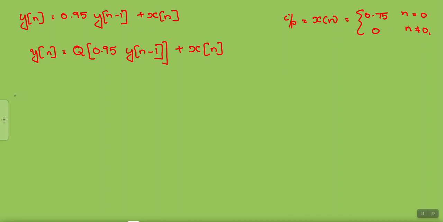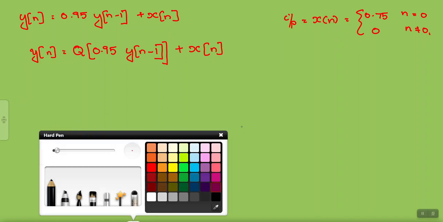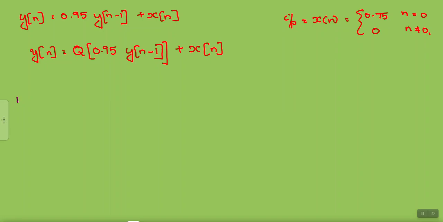When I start my system, the output will occur for n equal to 0. y of 0 is equal to quantization of 0.95 into y of 0 minus 1, that is y of minus 1, plus x of 0.